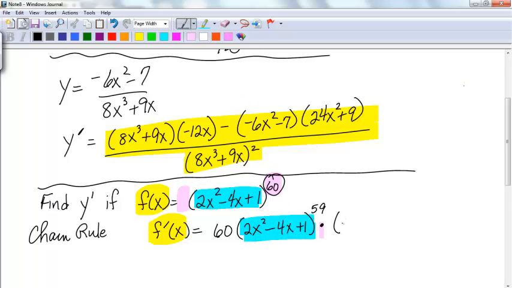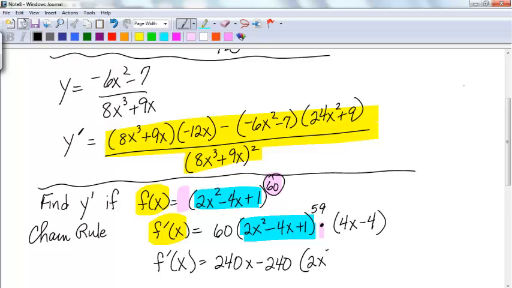So what's the derivative inside? 4x minus 4. And then this has an exponent on it. These two quantities don't, so I can simplify. I can multiply out the 60 times this, and they will usually do that. So f prime of x then would be 240x minus 240 times the quantity 2x squared minus 4x plus 1 to the 59.